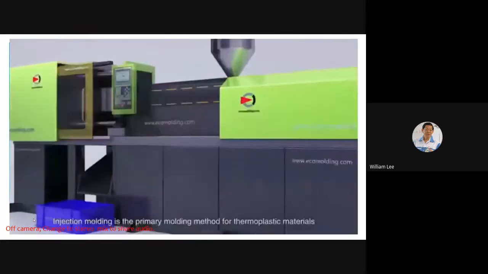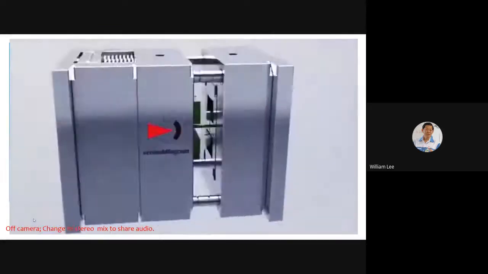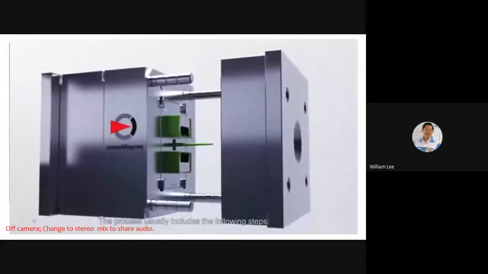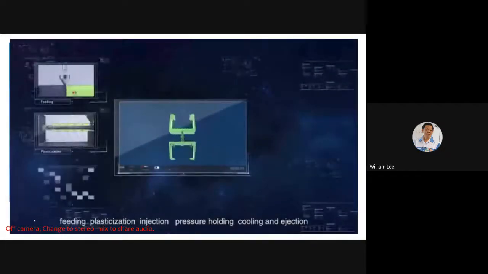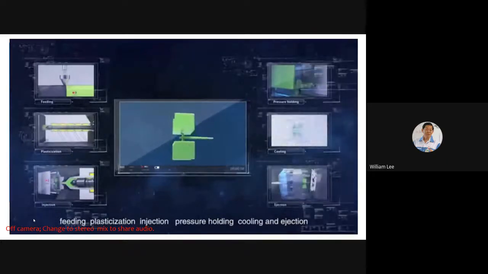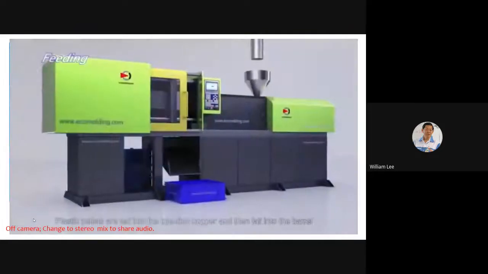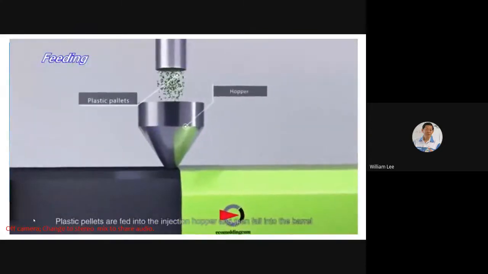Injection molding is the primary molding method for thermoplastic materials. The process usually includes the following steps: feeding, plasticization, injection, pressure holding, cooling and ejection. Plastic pellets are fed into the injection hopper and then fall into the barrel.